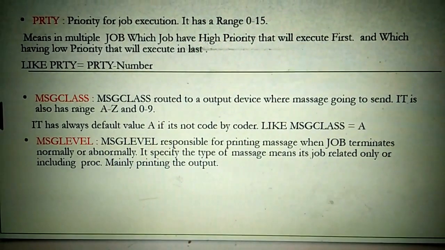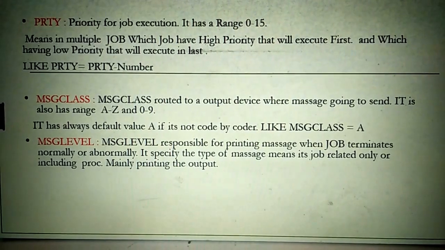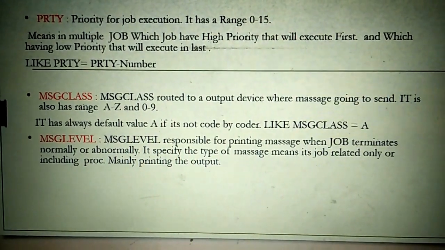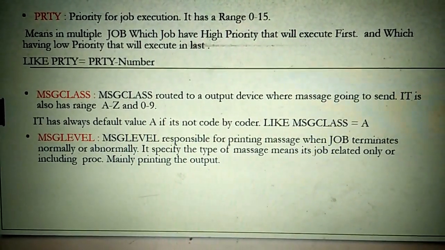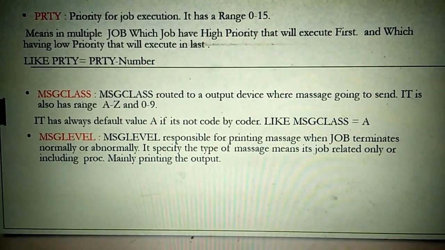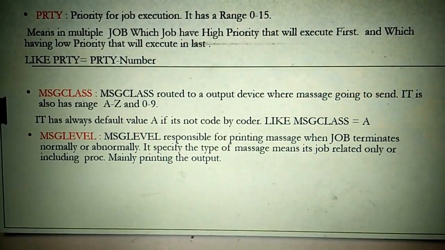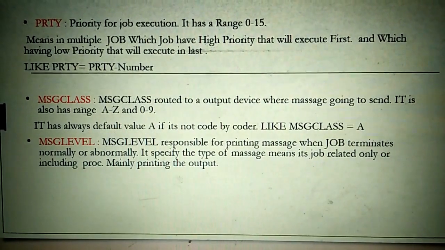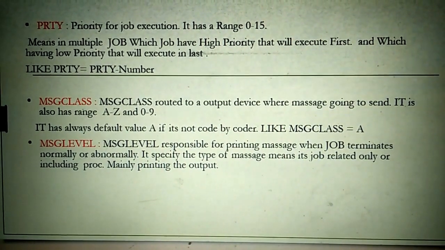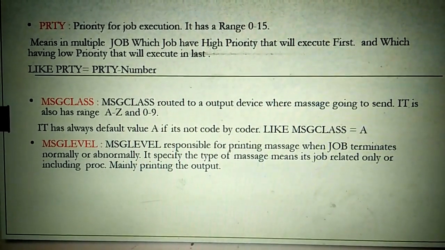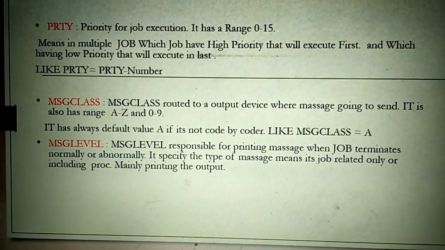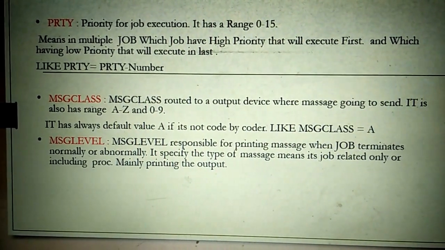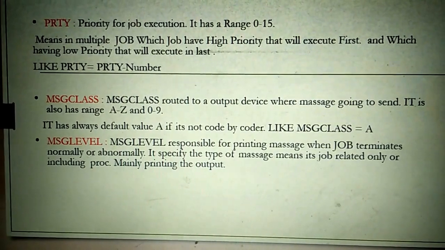Then the priority parameter for job execution has a range 0 to 15. A job with high priority will execute first, and one with low priority will execute last. For example, some jobs need to run first for a few days because other programs depend on them in the morning.